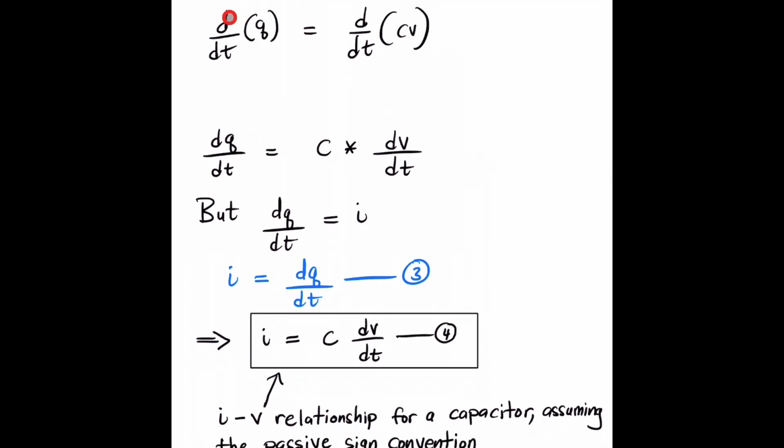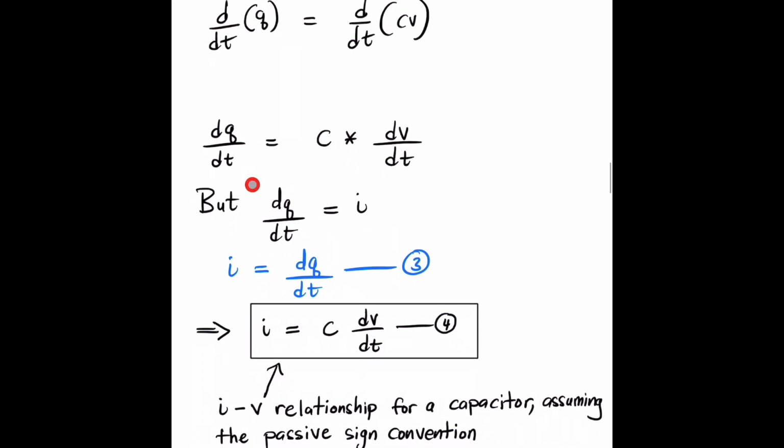And so here you have dq dt. This C comes down here. And you have dv dt here, right? But dq dt is I. I is the current. All right, so I is equal to dq dt. And let's call this equation 3.